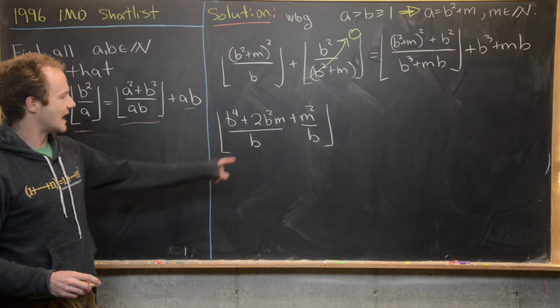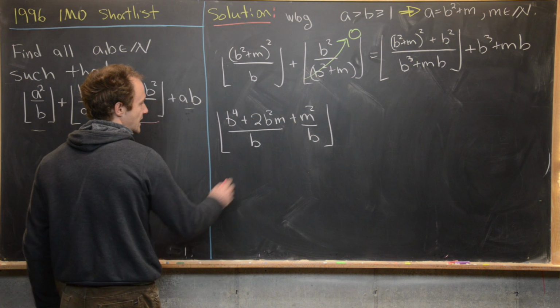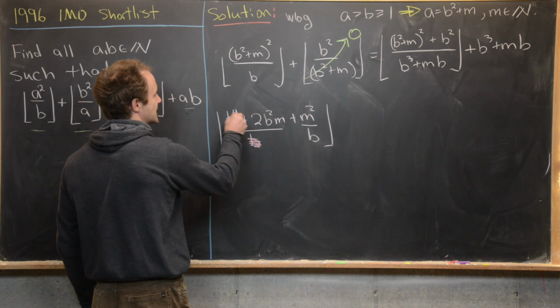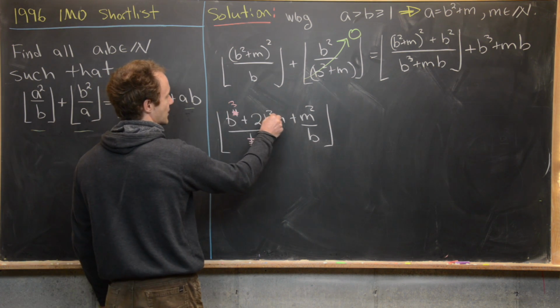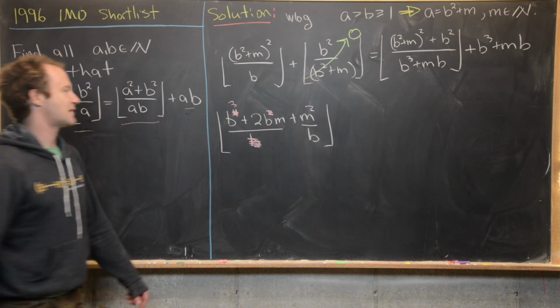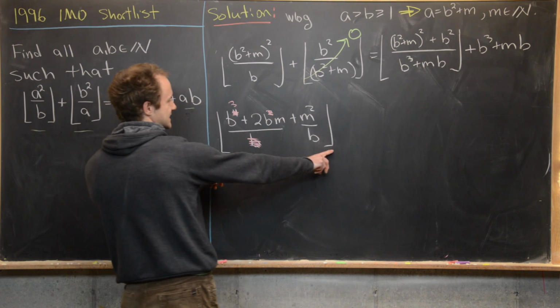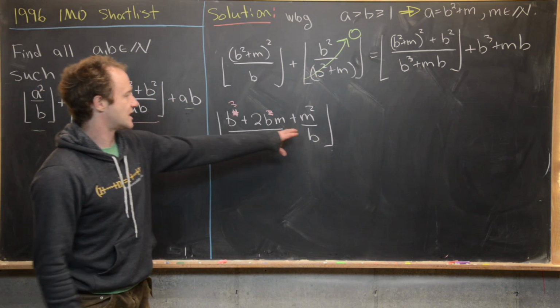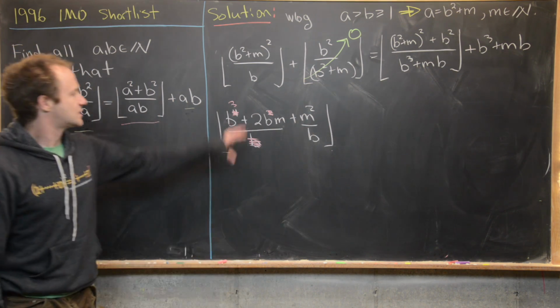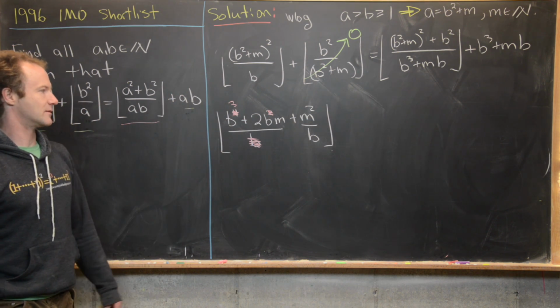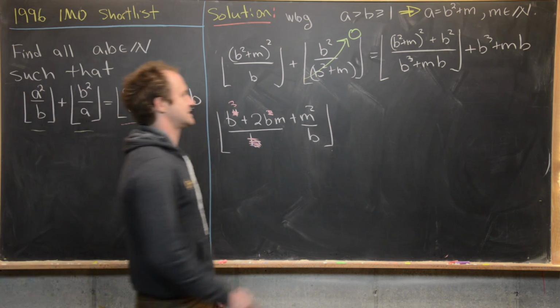I wrote it like that because here we can cancel this b with this 4th power, and it's going to become a 3rd power, and this 2nd power is going to become a 1st power. And so that writes this stuff inside the floor as a natural number plus a fraction, so we can extract that natural number. So maybe we'll do that in the next step.